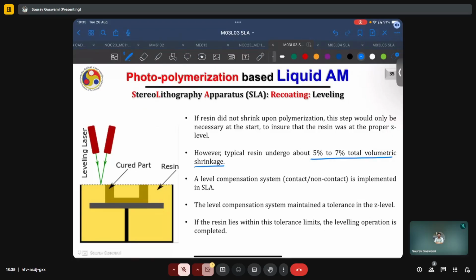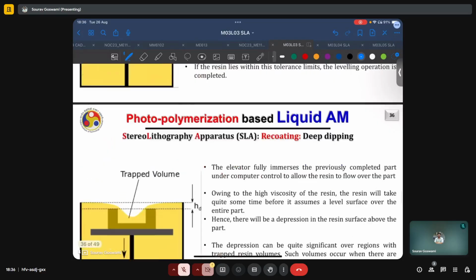The level compensation system maintains tolerances in the Z level, and as we discussed, any variations or deviations in this layer height for each layer can lead to several deficiencies in the final built part, such as poor surface finish, loss of accuracy, and so on. And if the resin lies within the desired tolerance limit, the leveling operation is said to be completed and the process is allowed to move on to the next step.